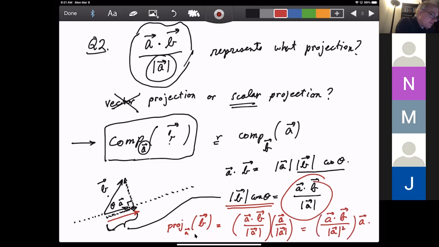So that's the formula for the projection of B along A, or the vector projection, I should say, of B along A. All right. Any questions there? Are we ready to go to the next page?